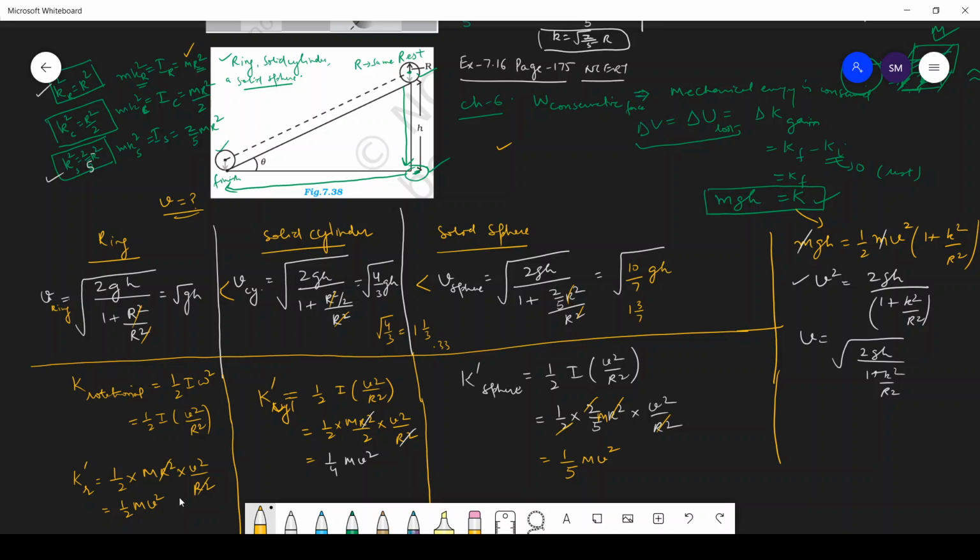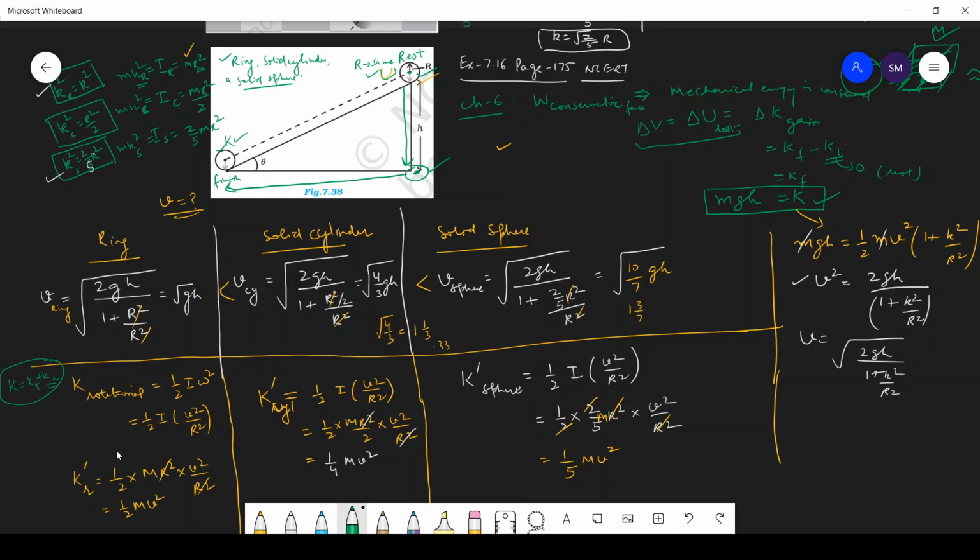So do they have the same rotational kinetic energy? No. See, their potential energy was same, mgh at the top, but their rotational kinetic energy is different. Their total kinetic energy is again same, since all the potential energy was converted into kinetic energy. But total kinetic energy is the sum of translational kinetic energy plus rotational kinetic energy.